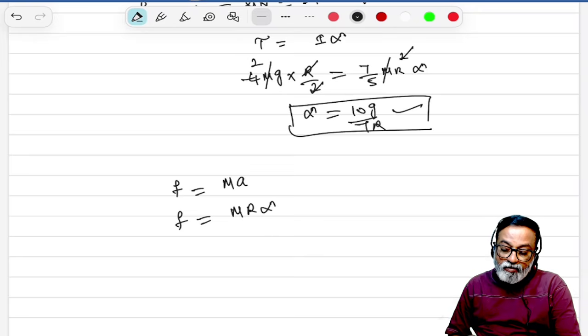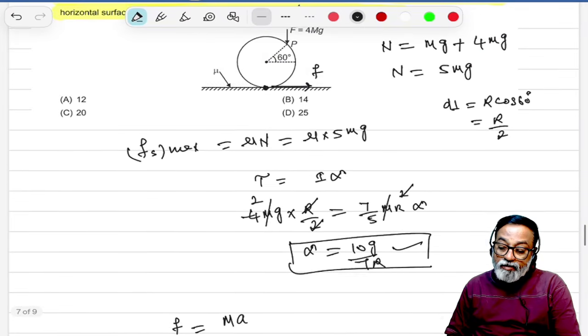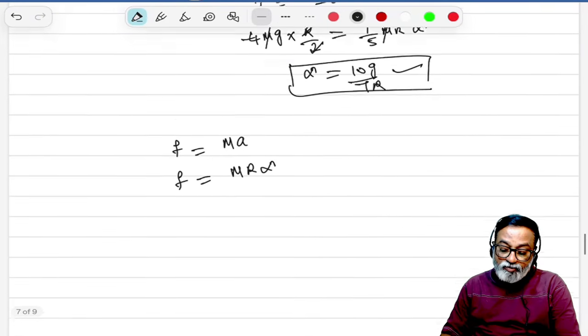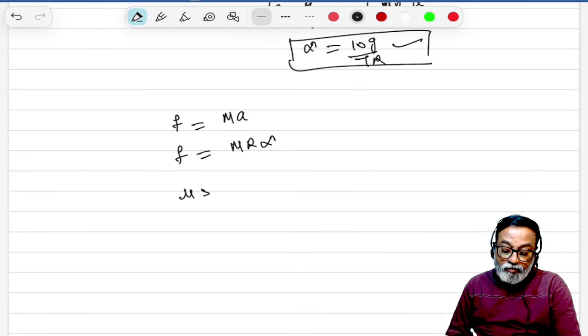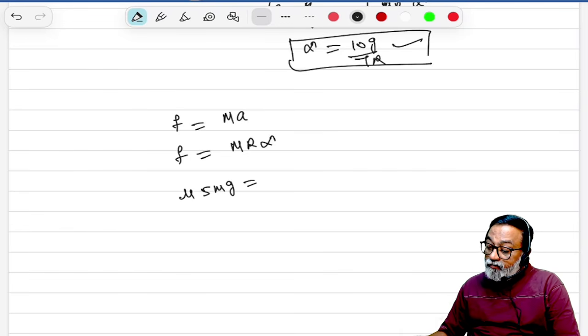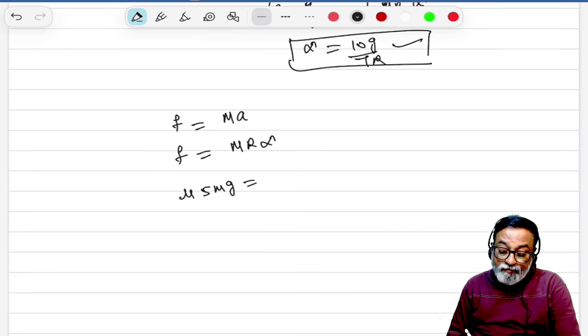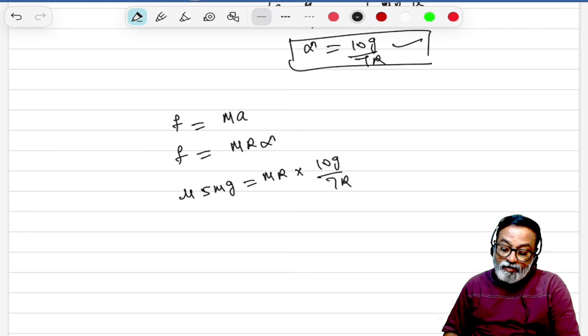But what is the frictional force here? Frictional force is equal to mu into 5 mg. Therefore, mu into 5 mg is equal to m into r into alpha, which is 10g by 7r.